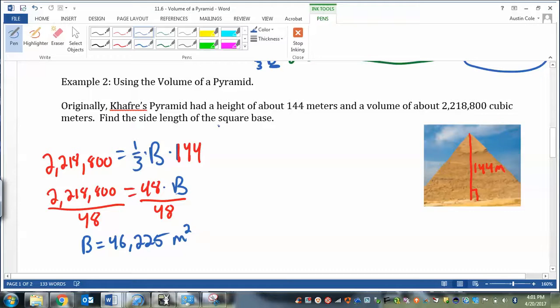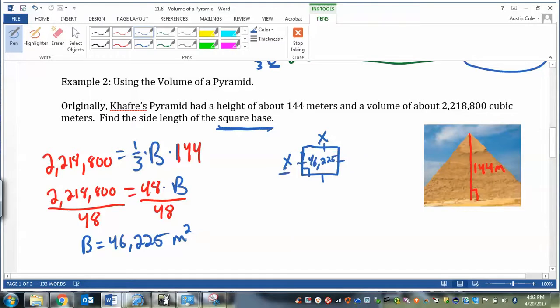But the important thing to pick out here is we have a square base. Since the base is square, we know that some dimension, we'll just call it x, times itself again equals 46,225.